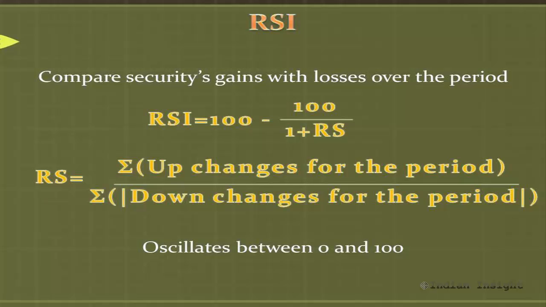You see here that we have used the mathematical mod operator. Since down changes in the period will be negative, this mod operator is used to ensure that RS is always positive. Also, by ensuring that this term RS is positive, we make sure that RSI oscillates between 0 and 100.